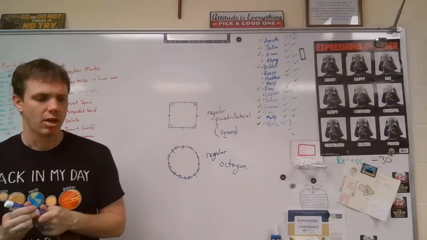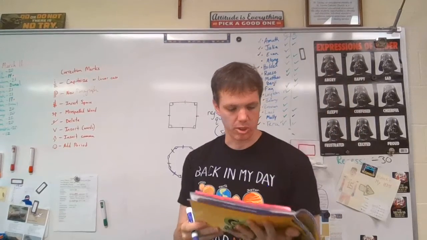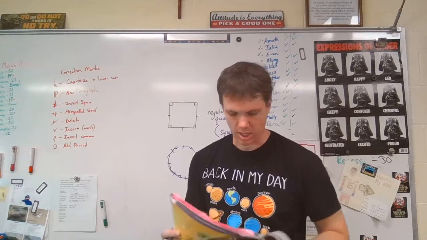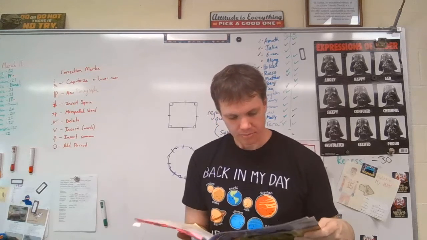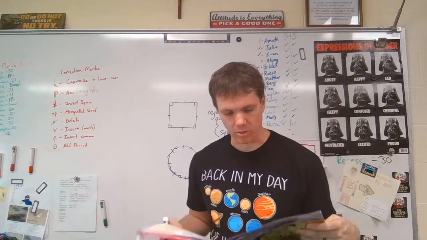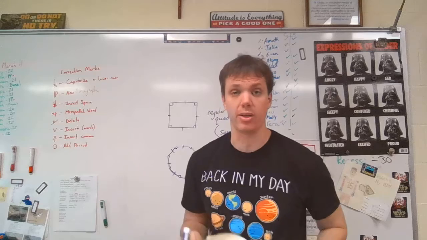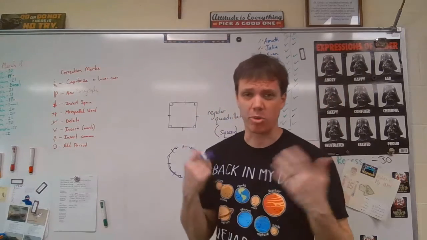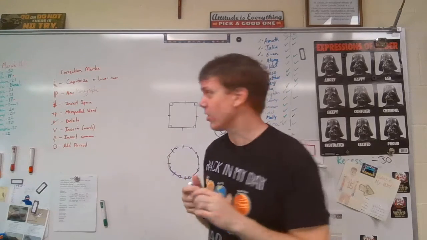Pretty simple. So really what they want you to do in your book, for most of this, is identify the shape, and then tell if it's regular or not regular. The book writes it out as not a regular polygon. You can just write irregular.